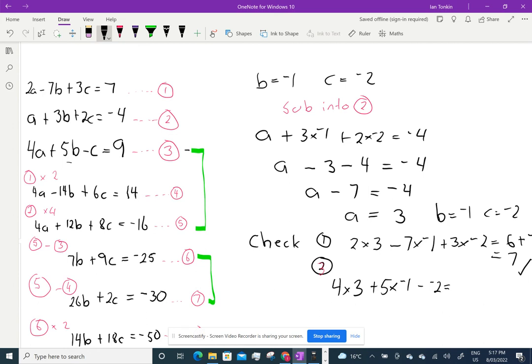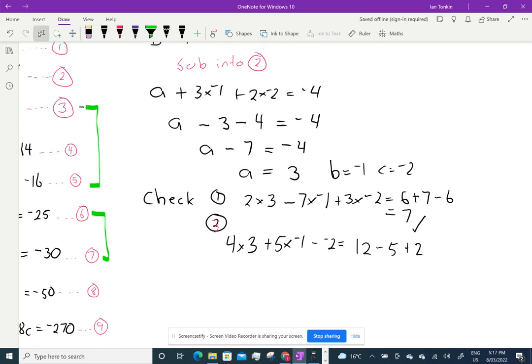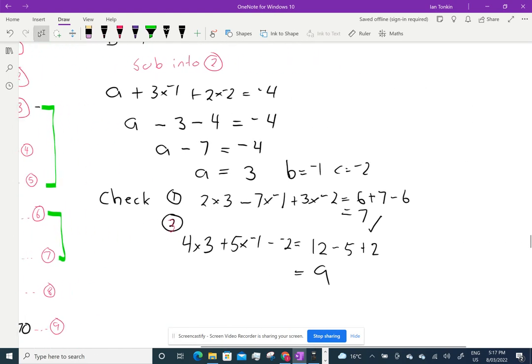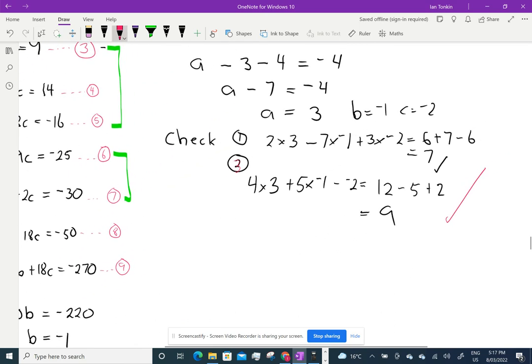Well, what does that equal? 4 times 3 is 12. 12 minus 5 plus 2. 12 minus 5, that's just going to be 12 minus 3, that should be 9. Hooray! Right, bang, correct. So our solutions are a equals 3, b equals negative 1, c equals negative 2.